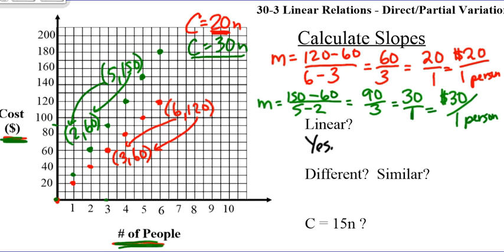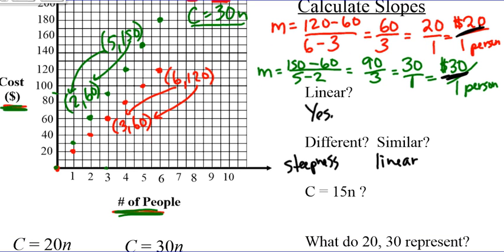Are these different or similar? They're different, in that the steepness is different because they have different slopes. But they're similar because they're both linear. So just out of curiosity then, what would happen if we wanted to graph and it was $15 a person?